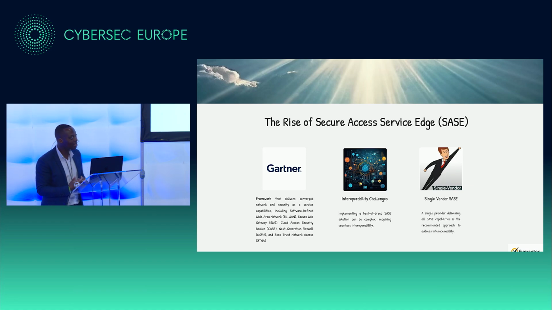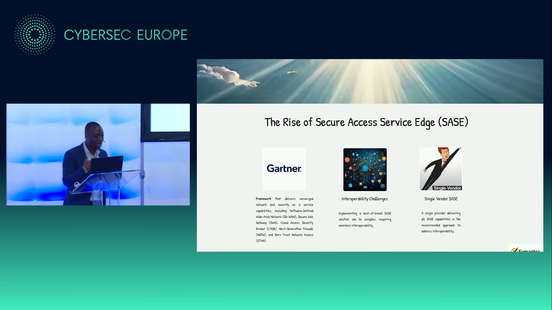And in this case, you have a lot of solutions embedded in this framework, like SD-WAN, the access you are providing. And when we talk about SD-WAN, it's not too complicated. It's just the path you use to get access.